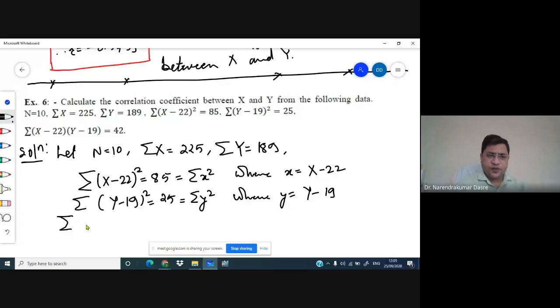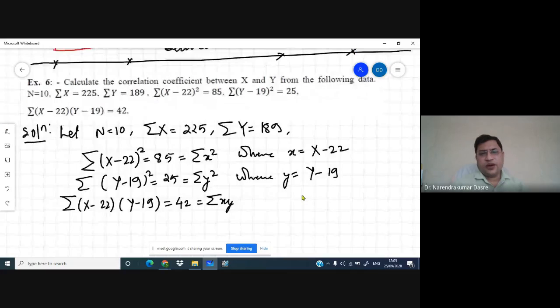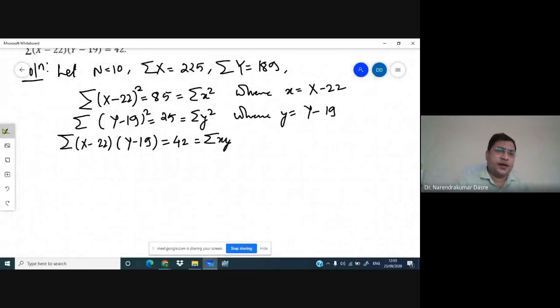And then we have summation of x minus 22 times y minus 19 is equal to 42. This is exactly the summation x into y. Now you can guess what is missing: the summation x and summation y. And we know how to calculate that.